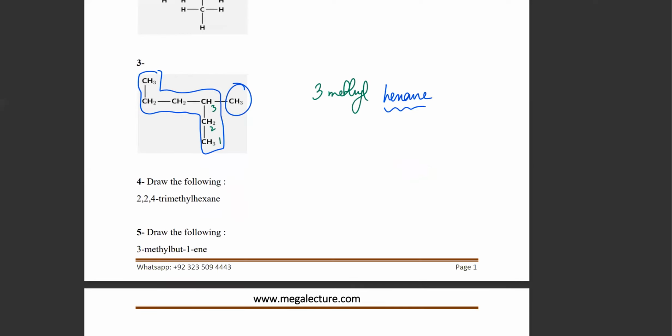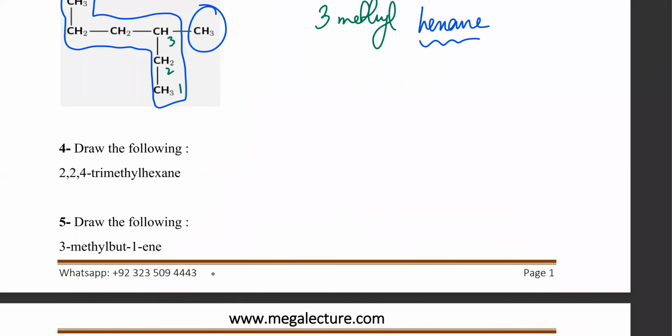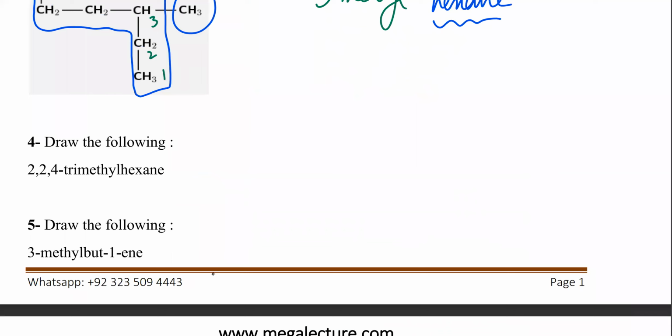So that's 1. So over here, I'm being asked to, I mean, this one is slightly more difficult. If you're given the name, you have to write the structure of the molecule. So you start off with the main chain. That's hexane, so that's 6 carbon atoms. It's an alkane. And 2,2,4-trimethyl. That means trimethyl means there are 3 methyls. Methyl means 1 carbon atom.